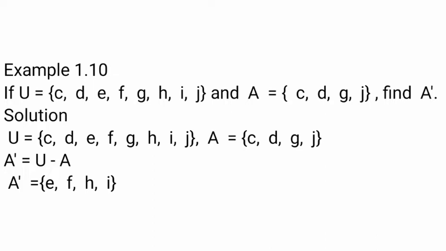Difference means, first listen, we cancel the common elements of both U and A. What are the common elements? C, C, therefore cancel C. Second one, D, D, D is canceled. Next one, G, G is canceled.